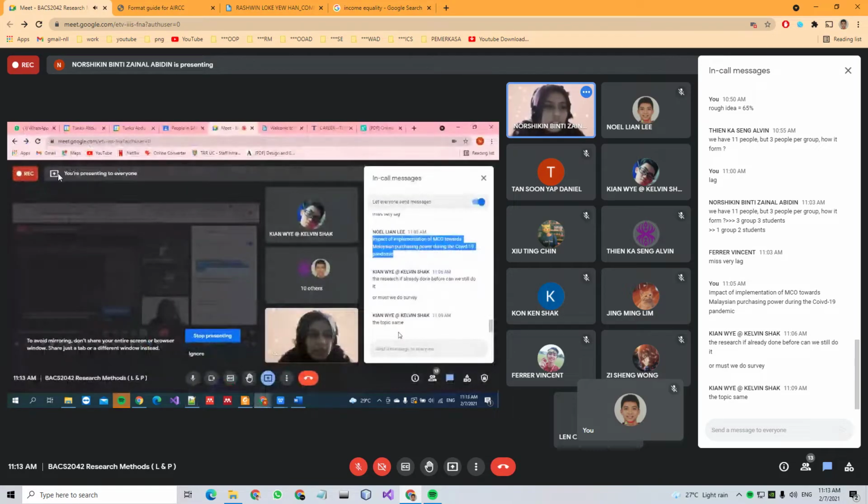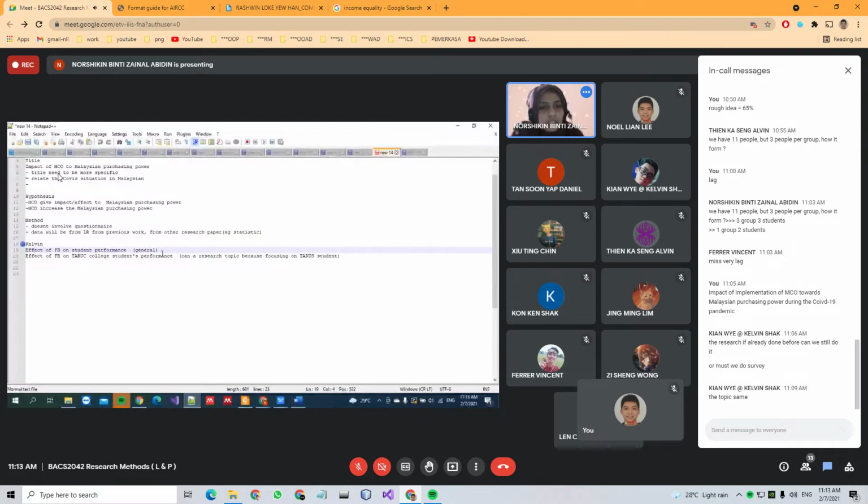Calvin, Shark. So based on your example just now, the effect of Facebook on student performance is a general idea of research, which is not actually a topic.